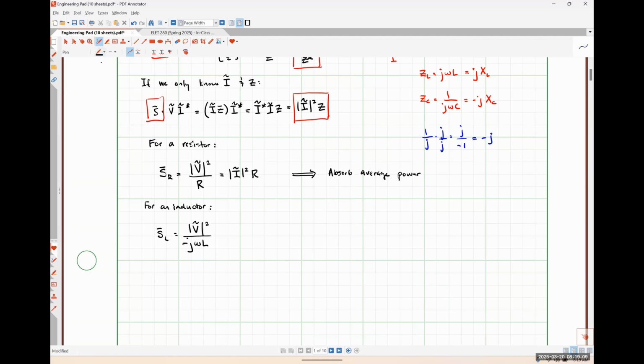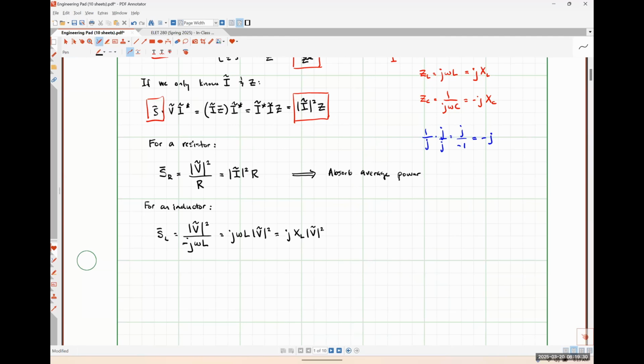So I could write this as J omega L times the magnitude of my voltage squared, or I could put it as J XL times the magnitude of my voltage squared.